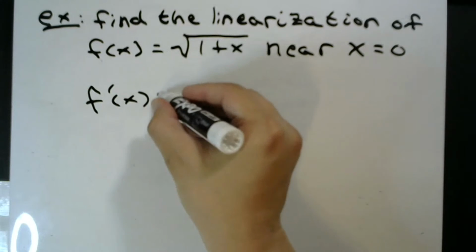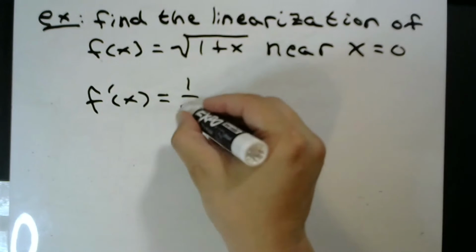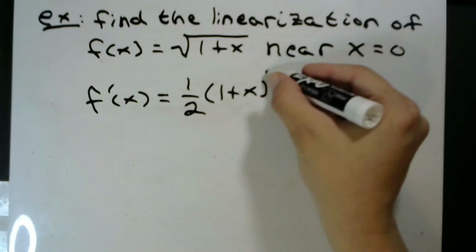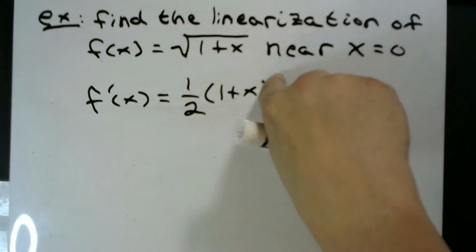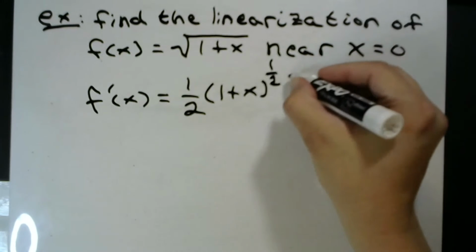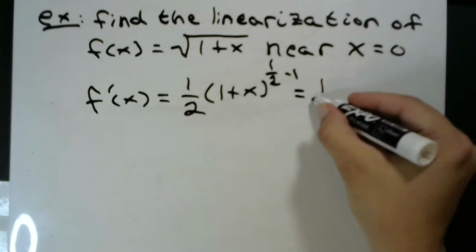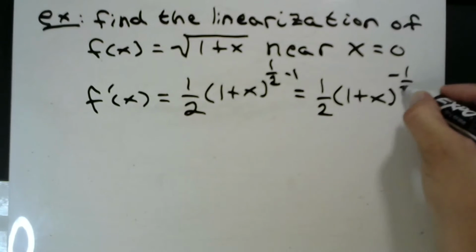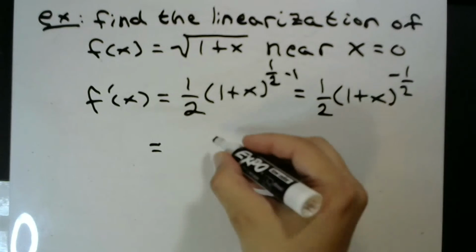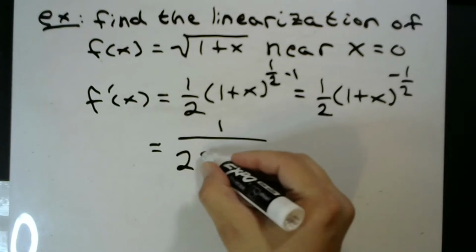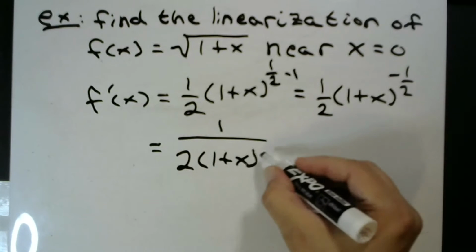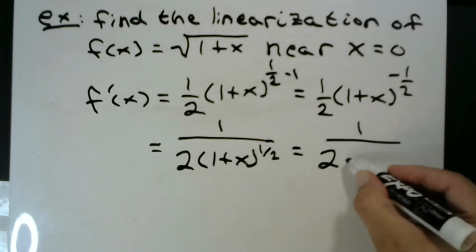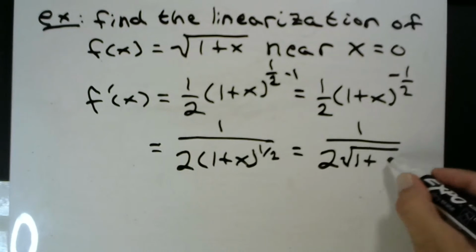So f prime will be 1/2 times (1 plus x) to the 1/2 minus 1, or 1/2 times (1 plus x) to the minus 1/2, or 1/2 over the square root of 1 plus x.